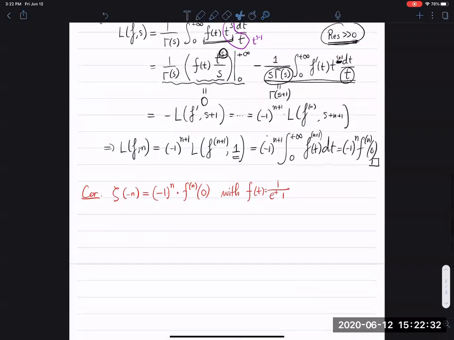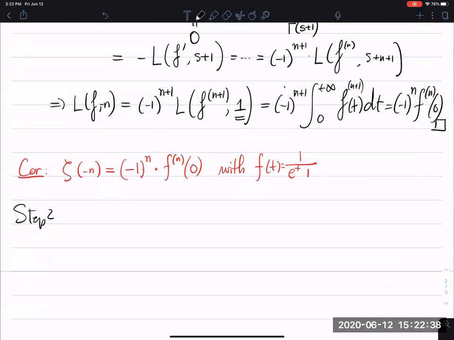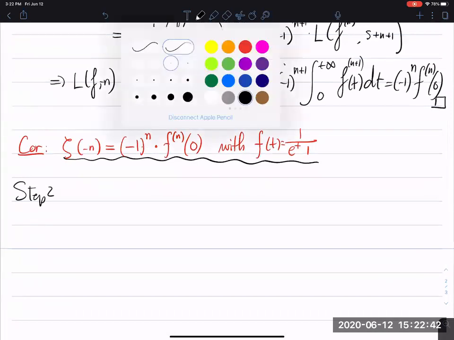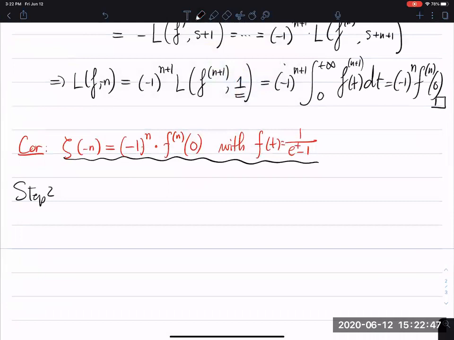So here's a corollary. Now I want to talk about step 2. The benefit is that now I really have an algebraic expression. I just need to interpolate the derivative of an explicit function and evaluate at 0.